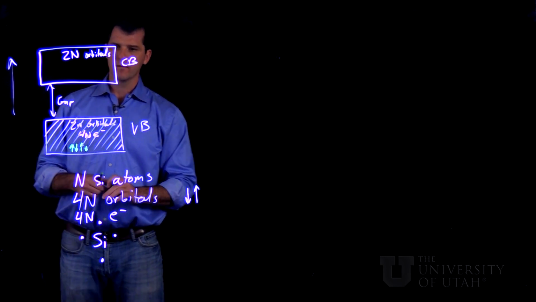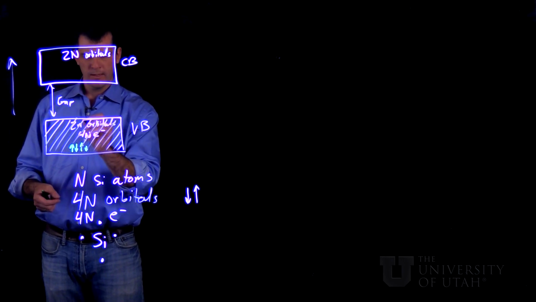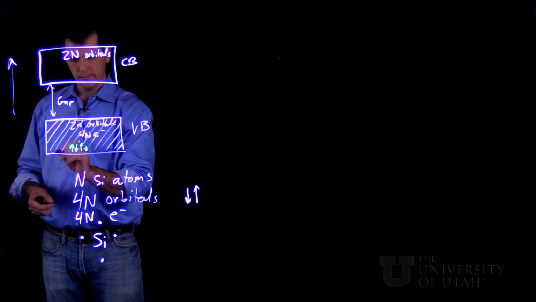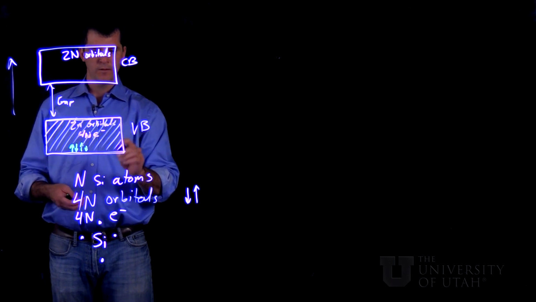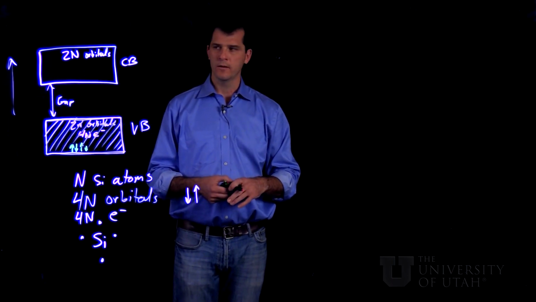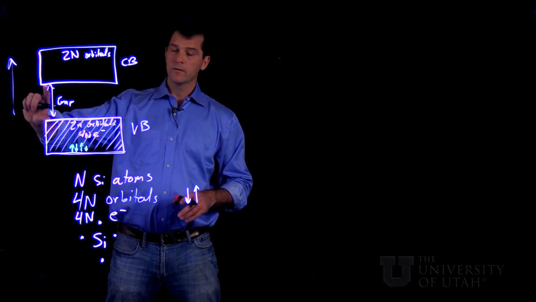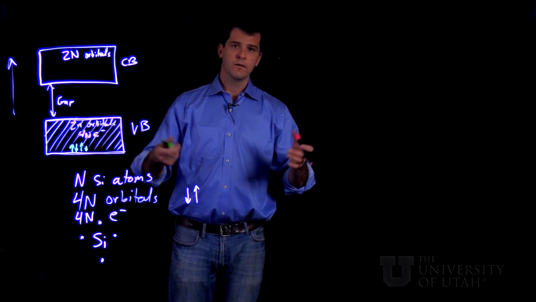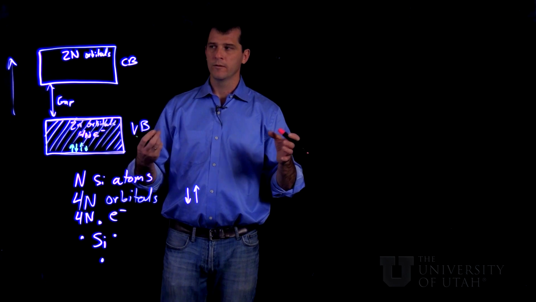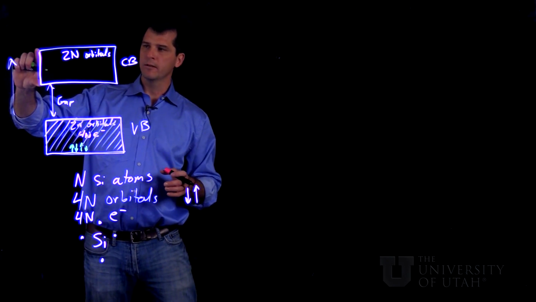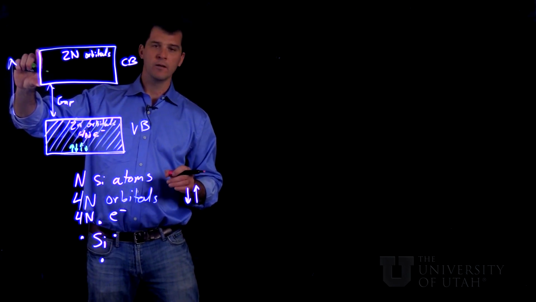So what that means is that this entire band of states, or this entire set of orbitals, is completely full of electrons. And then there's an energy gap, typically for silicon of about 1.1 electron volts, before you can reach the next available orbital.